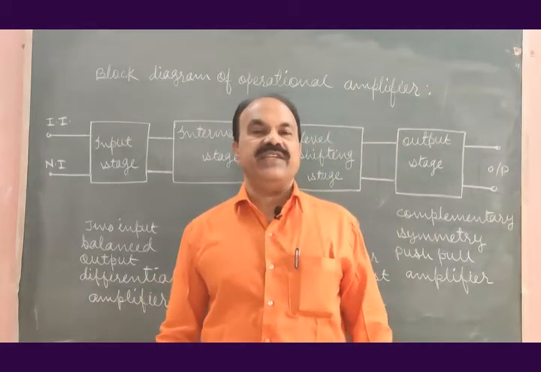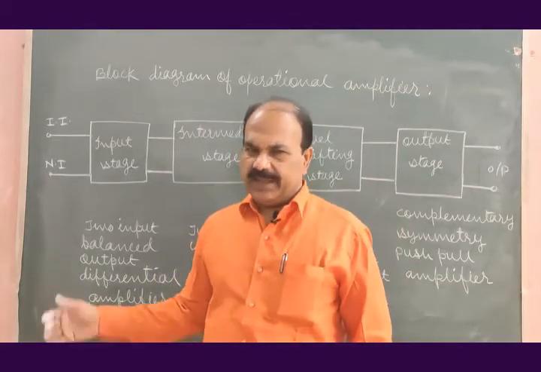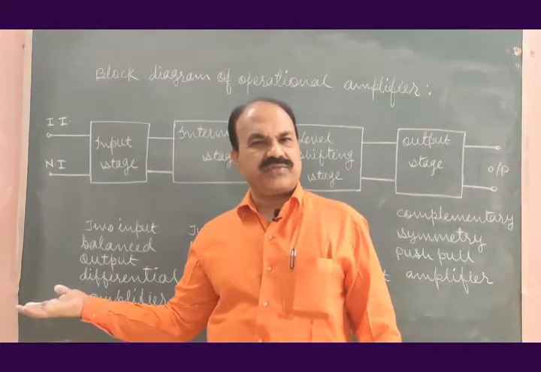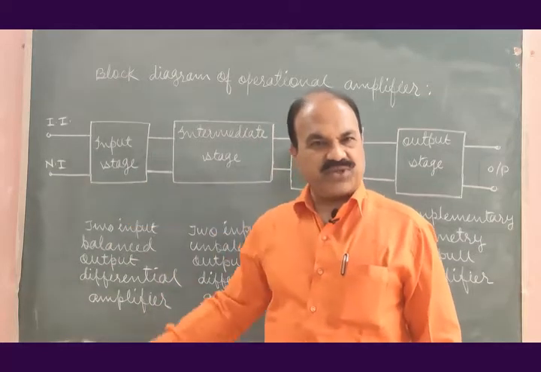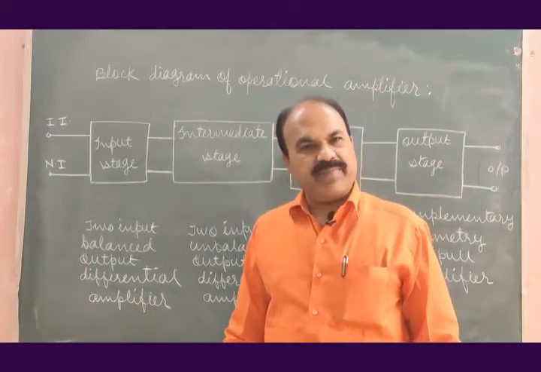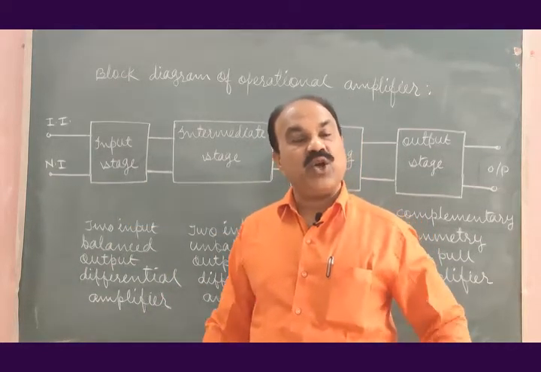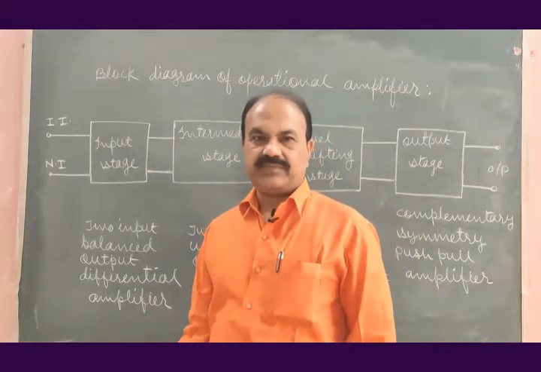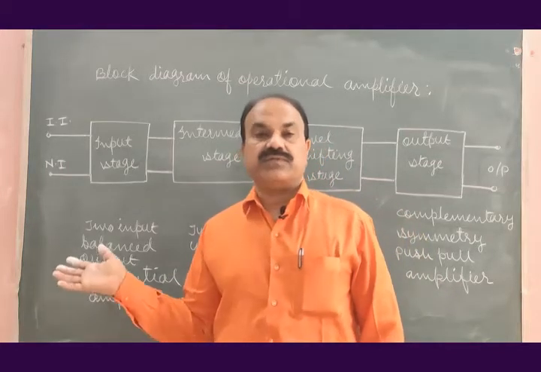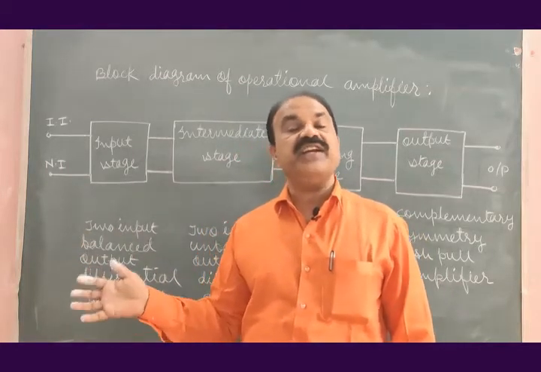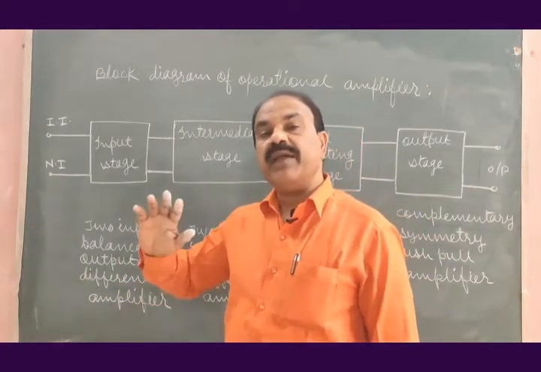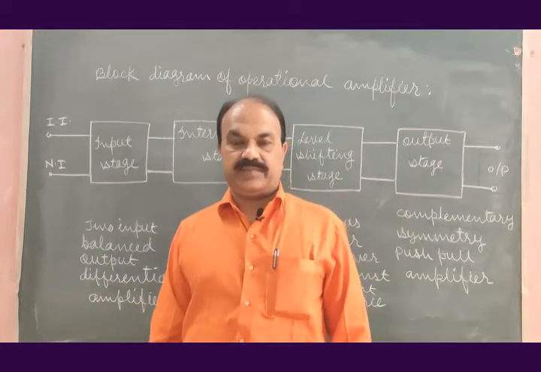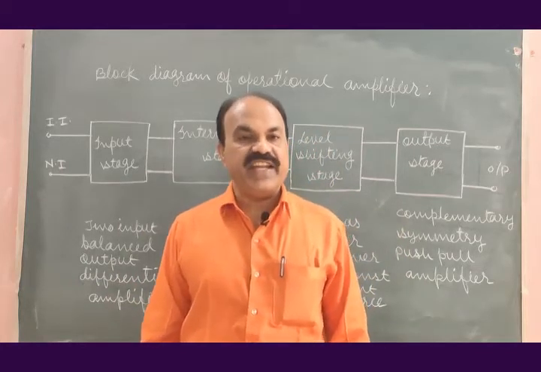the 2 input balanced output differential amplifier circuit. If BJTs, bipolar junction transistors, are used for construction of input stage, the impedance will be high but not very high. Instead of BJTs, if FETs are used, input impedance will be much higher.